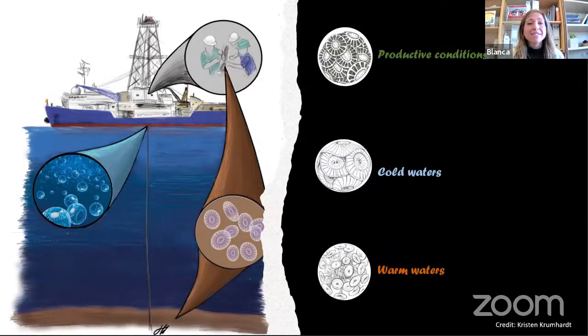Because they provide a precise record of the environmental conditions in which these organisms lived. In other words, coccolithophore ecology is a powerful tool to explore past changes in ocean and climate conditions. So in this talk, I will be showing how we can explore coccolithophore ecology and use it to reconstruct past ocean conditions.